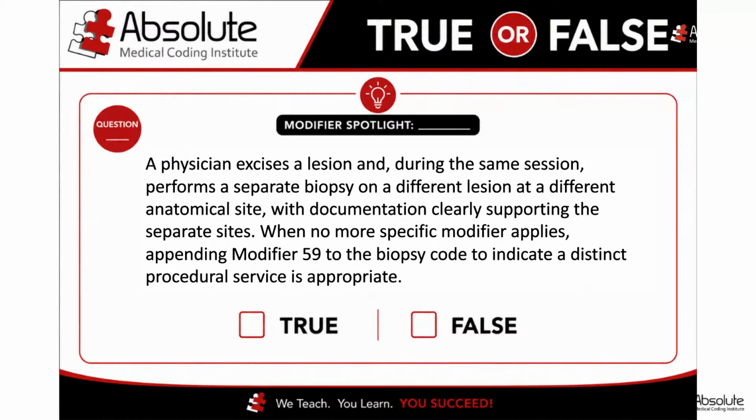A physician excises a lesion and during the same session performs a separate biopsy on a different lesion at a different anatomical site, with documentation clearly supporting the separate sites. When no more specific modifier applies, appending modifier 59 to the biopsy code to indicate a distinct procedure service is appropriate. True or false?